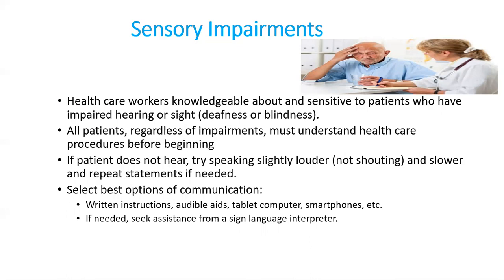And then for each patient, you'll want to select the best option of communication. Sometimes you may have to use written instructions. You may have to use audible aids or a tablet computer or smartphone, etc. And seek assistance from language interpreters if needed.